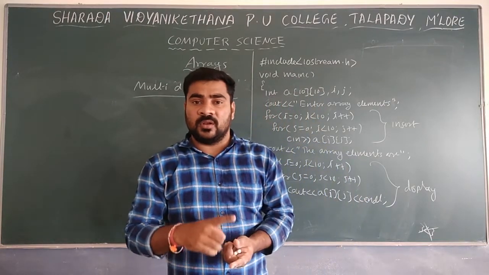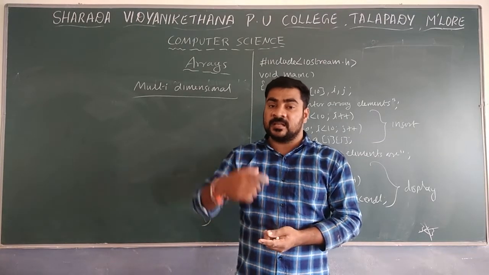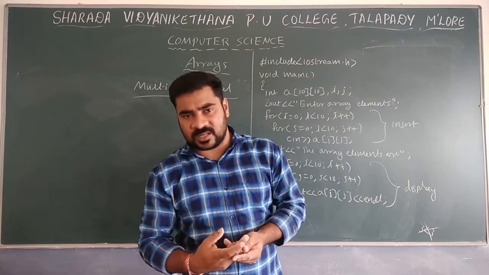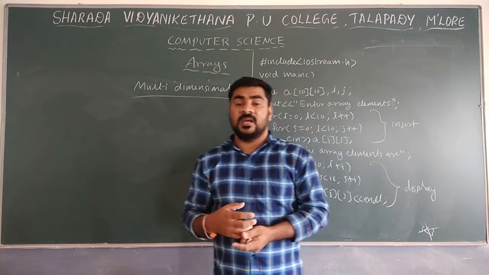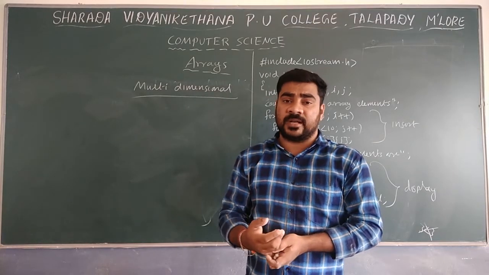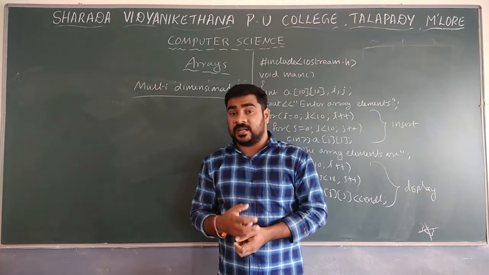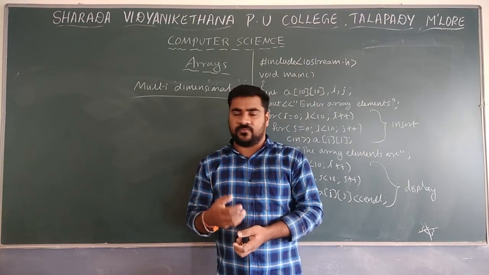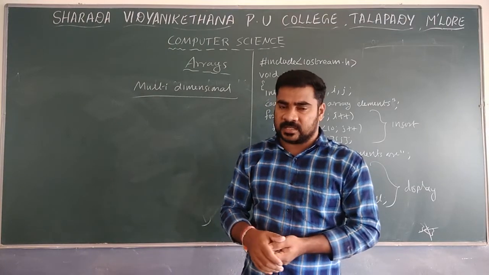Then if there are two subscripts, that type of array is known as a two-dimensional array. Whenever there are more than two subscripts, for example when you declare an array with three subscripts, that is known as a multi-dimensional array. Three-dimensional is possible, four-dimensional, and also five, six, like that, different dimensional arrays are possible.